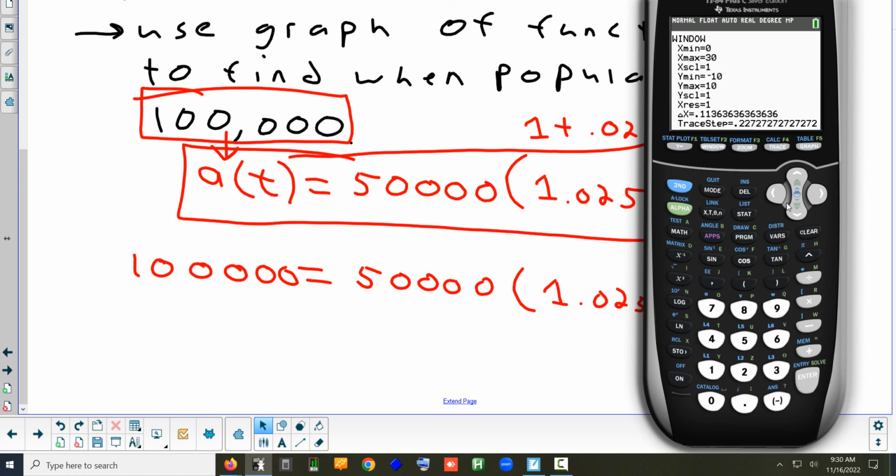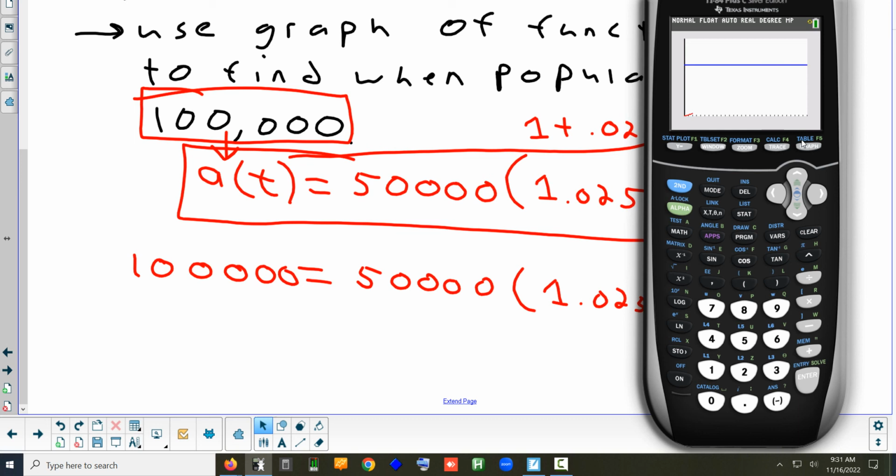If it doesn't, I won't see the intersection on the screen. Y is population. Population is growing. And it's starting at what number? It's starting at 50,000. So there's no reason for me to look below 50,000. It's going to curve up from there. And let's see. Y max. You got to go at least up to 100,000. I would go just over it. Let's do 125. Okay, so there's my line at 100,000.